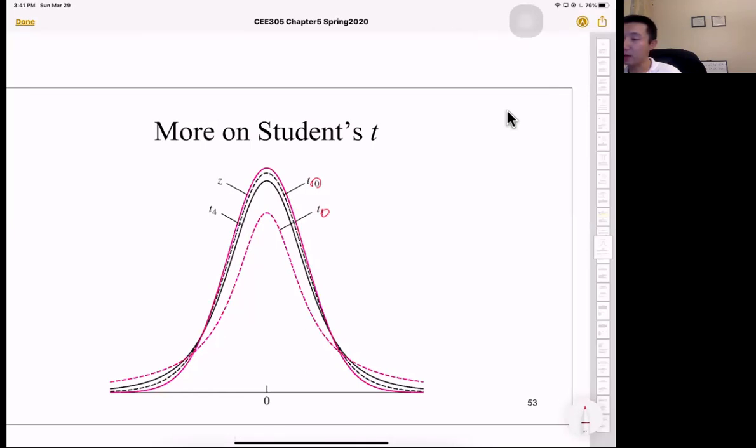The higher the degree of freedom, the smaller the spread. And here also shows the z curve, the pink solid line, which is the normal curve, so it has less spread compared to the student's t curve.